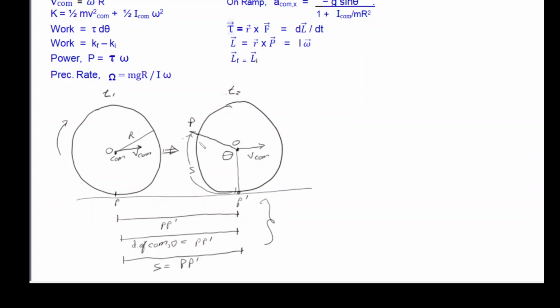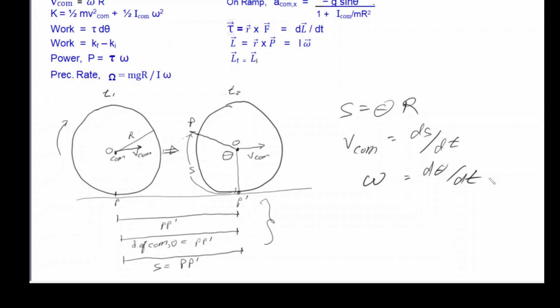Now, as the wheel rolls, you can see that it's moving through an angle of theta, and we know that the segment S is equal to theta times r, the radius. We can also see that the velocity of the center of mass is equal to the distance it goes through, which is equivalent to ds over dt. And we know the angular velocity omega is equal to d theta dt.